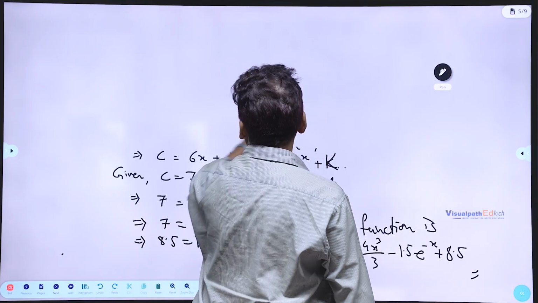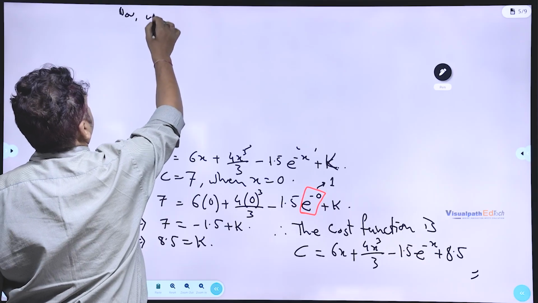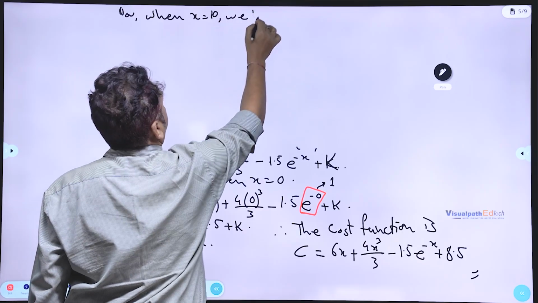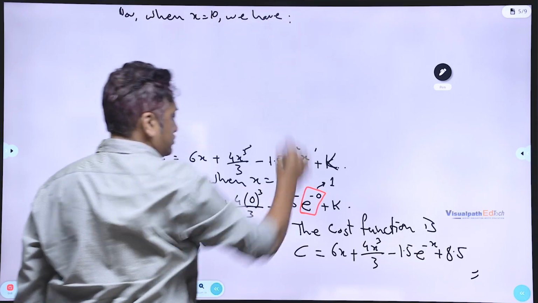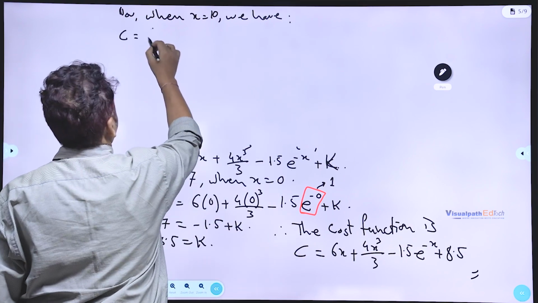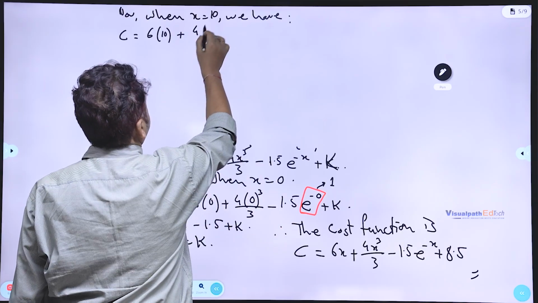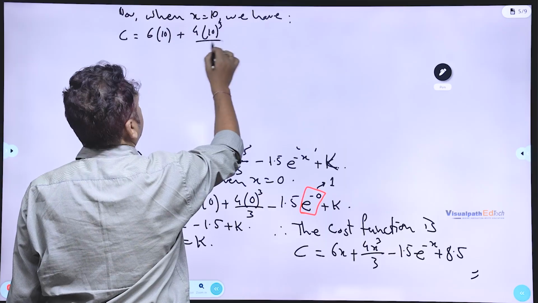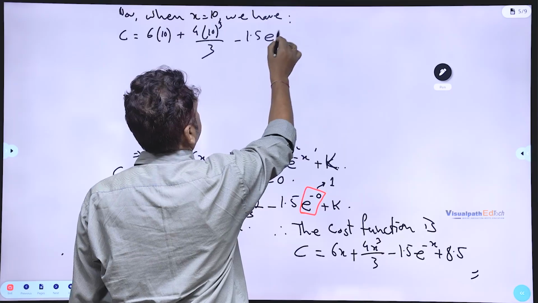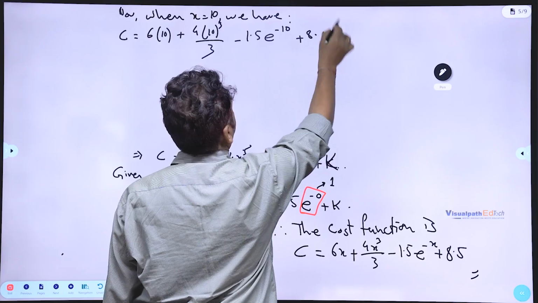Okay. So let's proceed. When x is equal to 10, we have C is equal to 6 into 10 plus 4 into 10 cubed by 3. Then we have minus 1.5 into e to the power minus 10, plus 8.5.